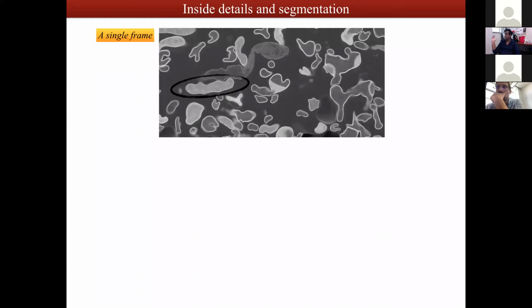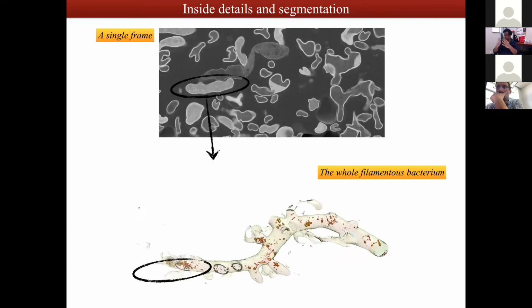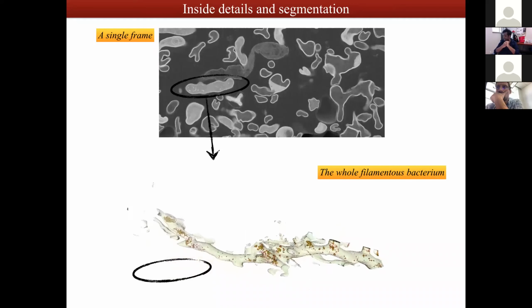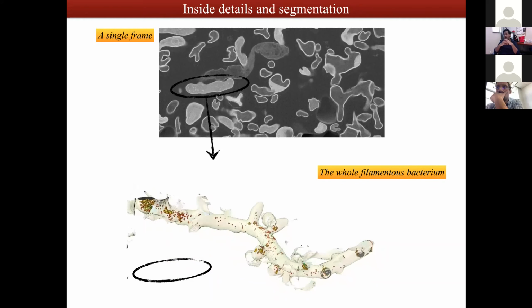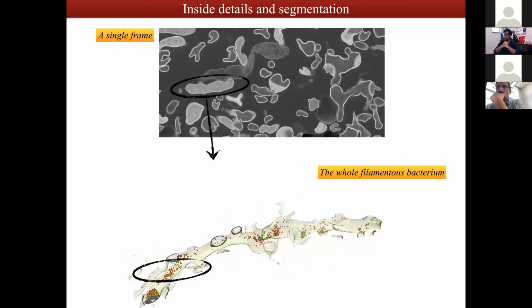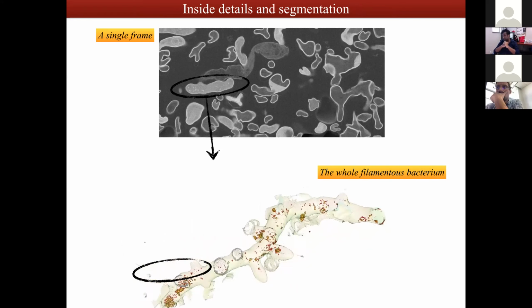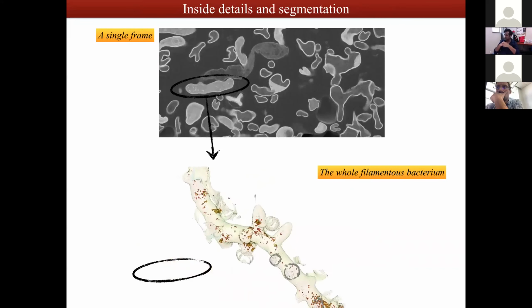This is a single frame, the same image, where you see some globular densities inside the cell. And this is what I did: I computationally reconstructed the density map of the whole filament, and then I extracted it. Now you can see an uneven distribution of those globular protein molecules. Okay, we do not know what the function of this is, but there are multiple other things that you can study using this.